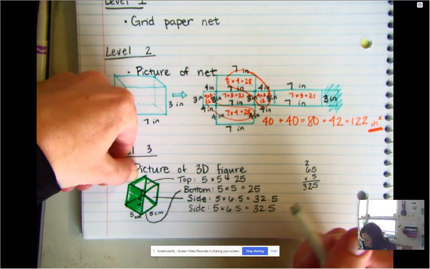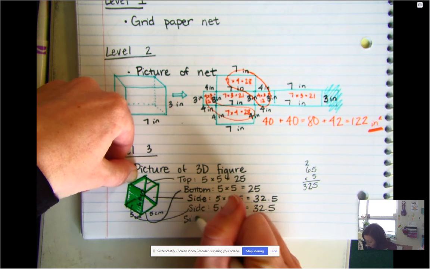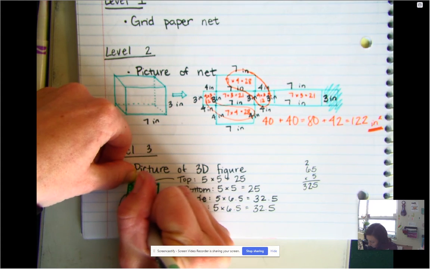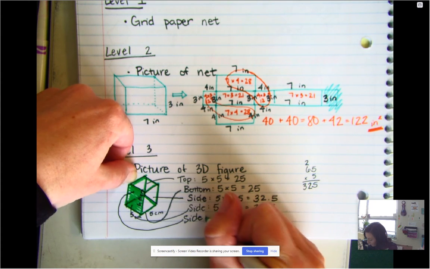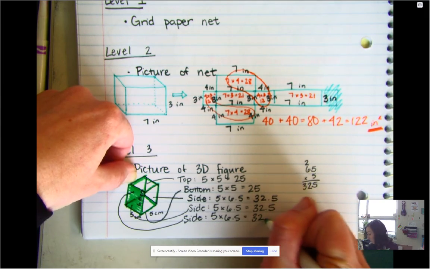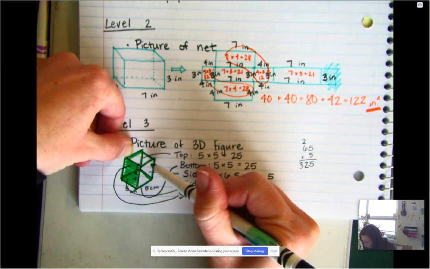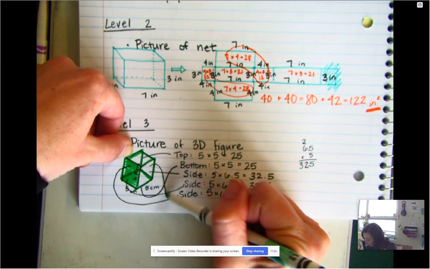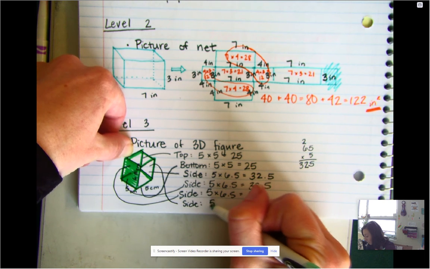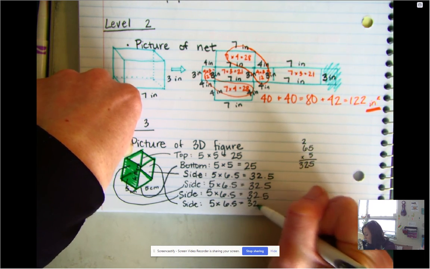This side back here is also 5 by 6.5, so it's also 32.5. And the one side we have yet to do, this side right here, will have the same measurements. 5 times 6.5 equals 32.5.